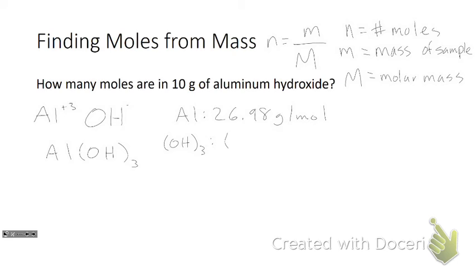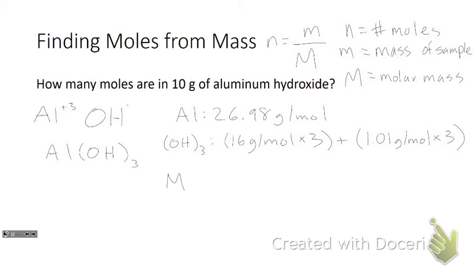So oxygen has a molar mass of 16 grams per mole times 3 plus the molar mass of hydrogen is 1.01 grams per mole times 3.